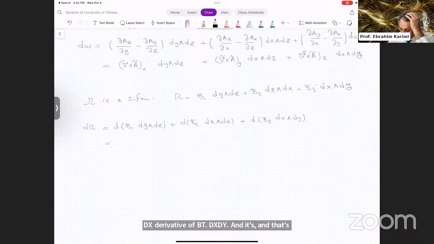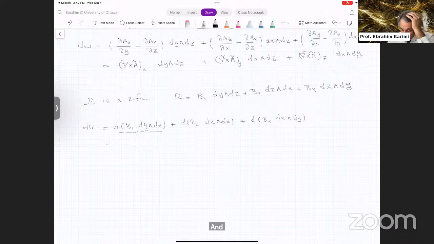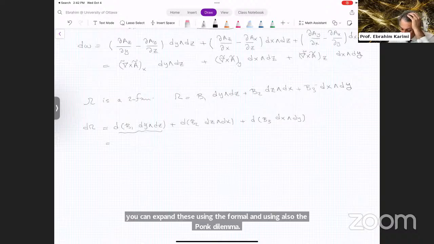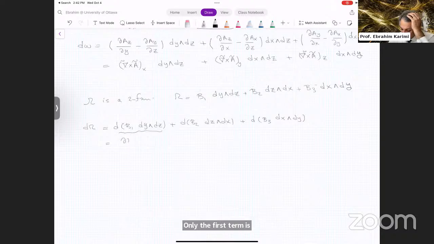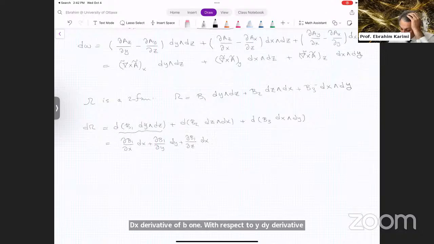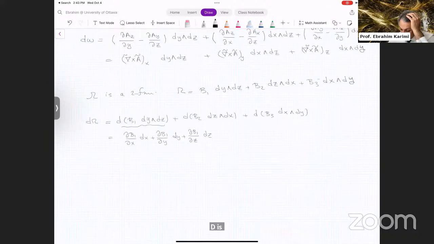You can expand this using the formula and also the Poincaré lemma. Only the first term is important, so you will get the derivative of B1 with respect to x dx, the derivative of B1 with respect to y dy, the derivative of B1 with respect to z dz, and then the wedge product.